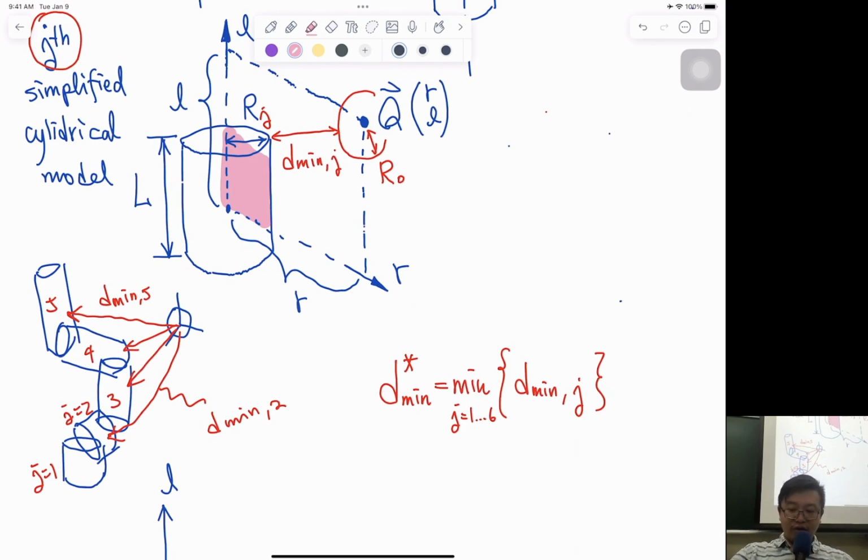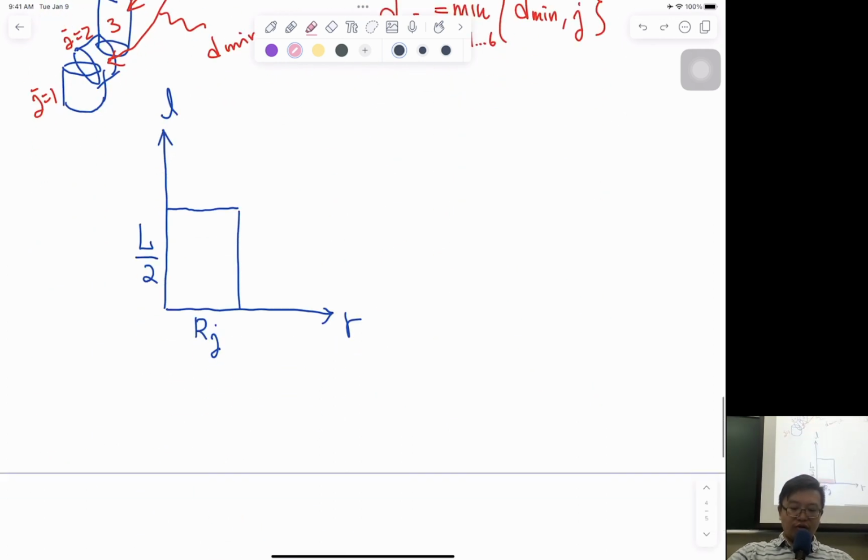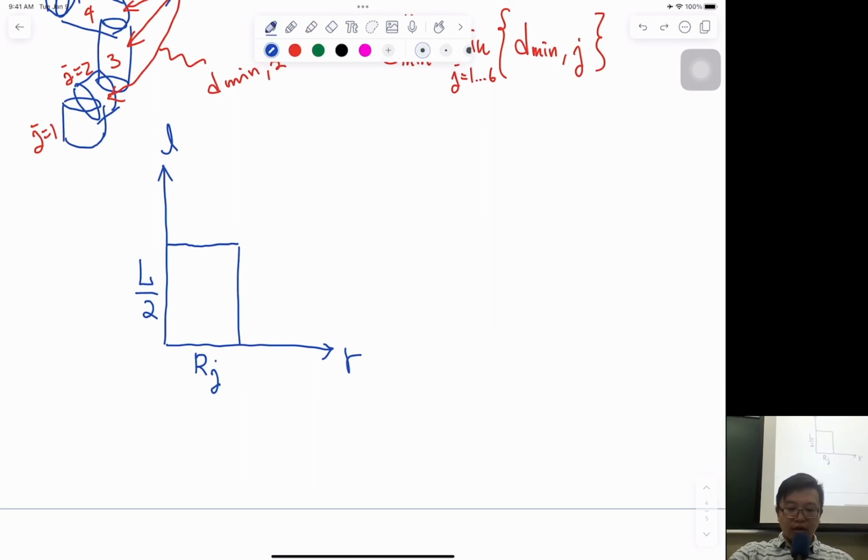Okay. So the obstacle could be somewhere here. That's my Q point. Okay, or anywhere. Now, I have to divide this whole space into multiple regions, and I will tell you why.